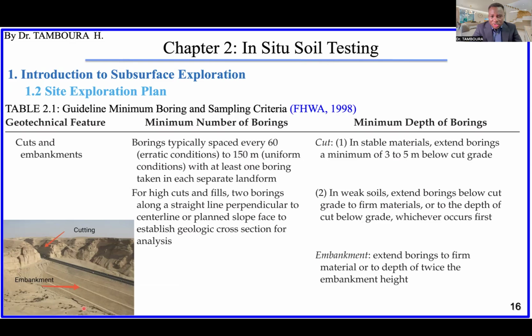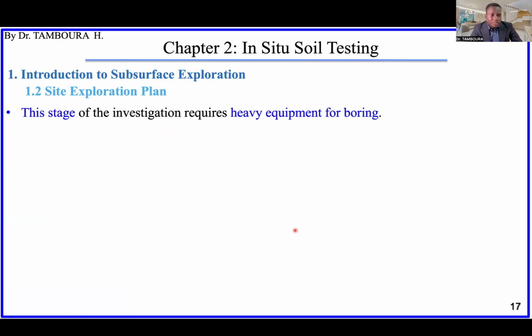If it's unreachable or doesn't exist at all, we have to go at least twice the height of this embankment. Okay, so this is from the Federal Highway Administration of USA.